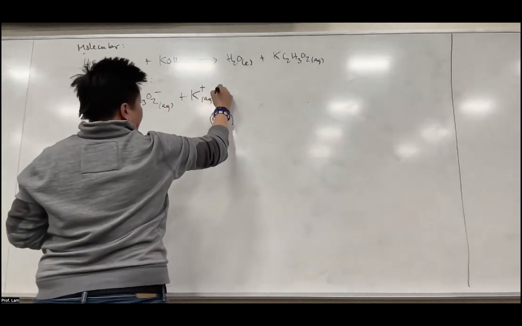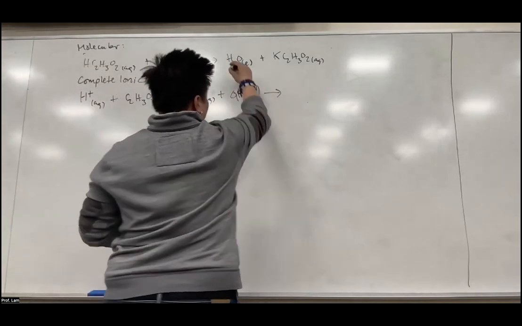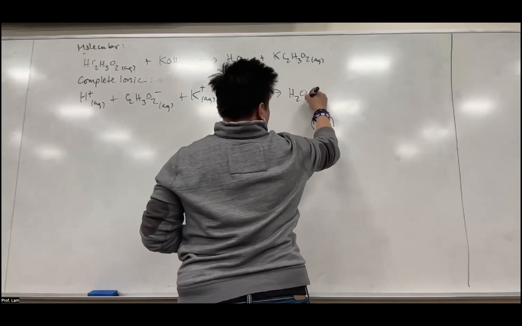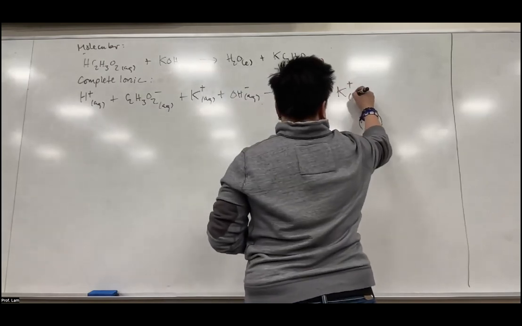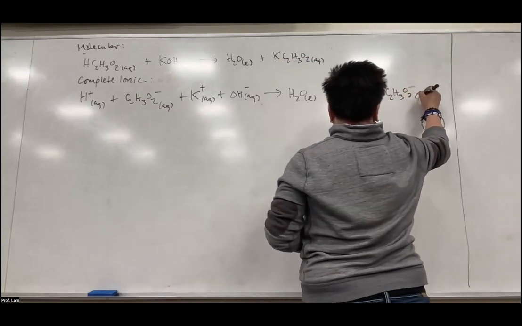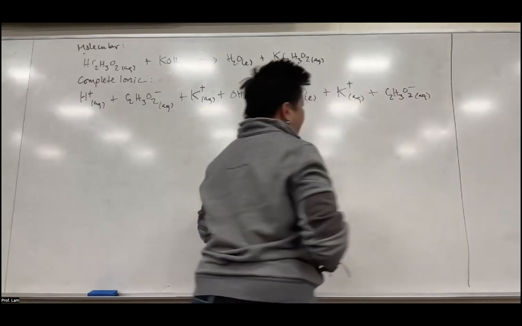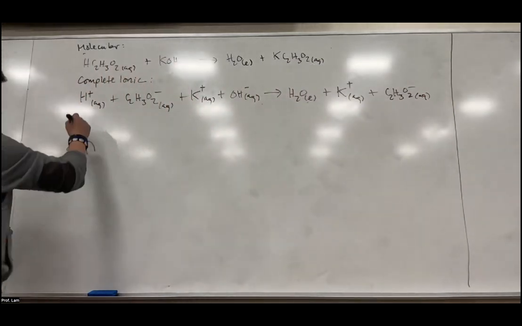K plus OH minus goes to water. It's a liquid, so leave it the same. Plus this one's aqueous, so split it up. K plus aqueous plus C2H3O2 negative aqueous. Okay, you see how we get the complete ionic equation?